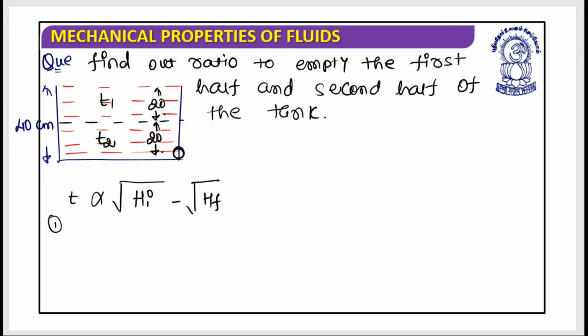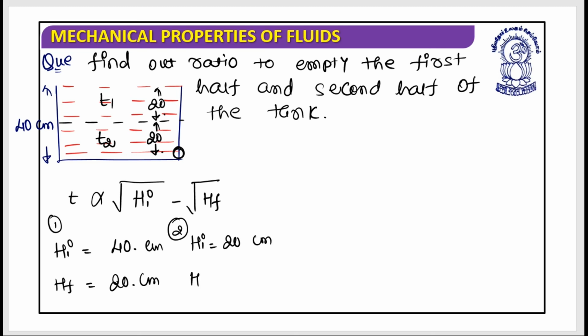So for the first half h initial is 40 centimeter and h final would be 20 centimeter, and for the second half h initial will be 20 centimeter and h final would be 0 centimeter.